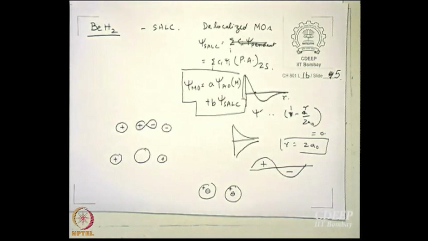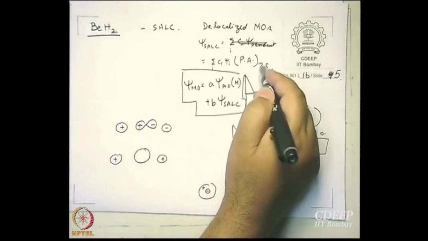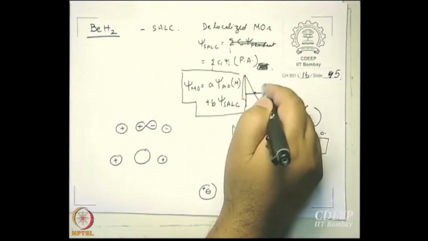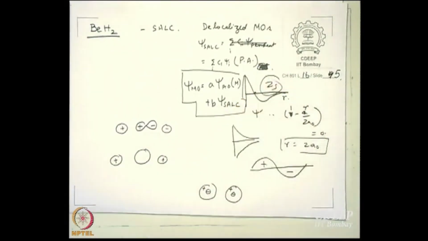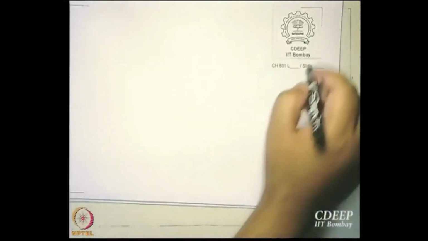The approach we are taking is basically linear combination of atomic orbitals. Here? No, no, no. This is different, something different. 2s is the label for this. You want me to write in a little neater way, I can do that.